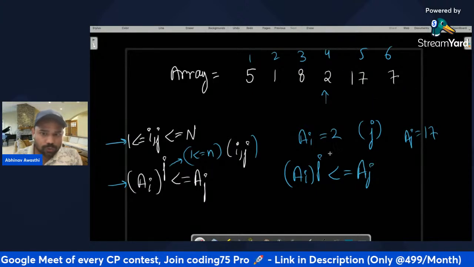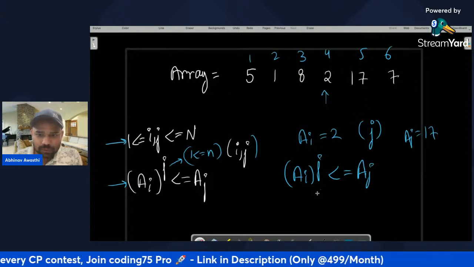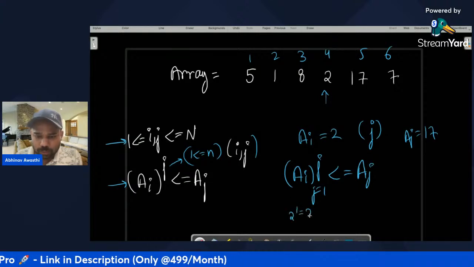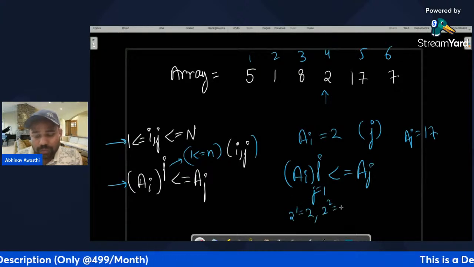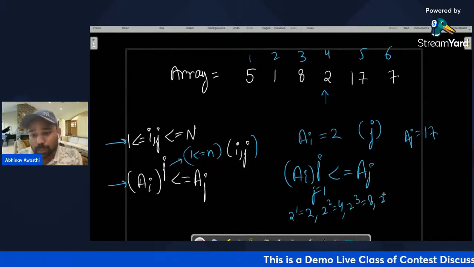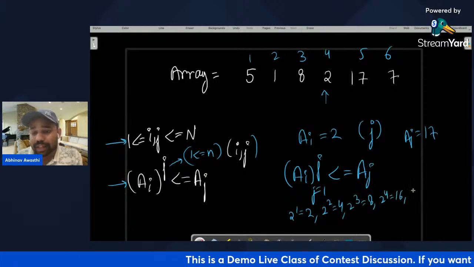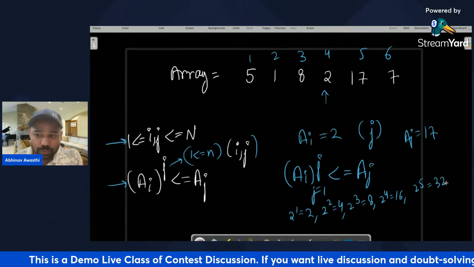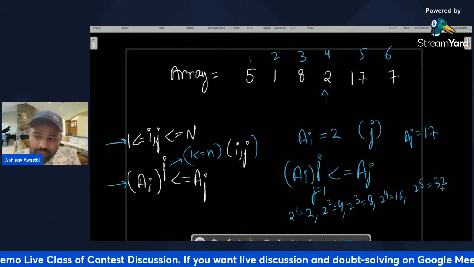So when you first take j as 1, 2 to the power 1 is 2, 2 to the power 2 is 4, 2 to the power 3 is 8, 2 to the power 4 is 16. When you go to 2 to the power 5, it is 32. But should we take 32?